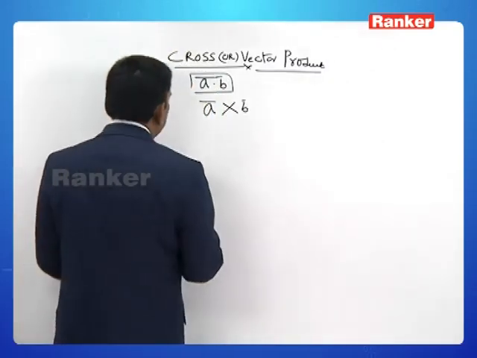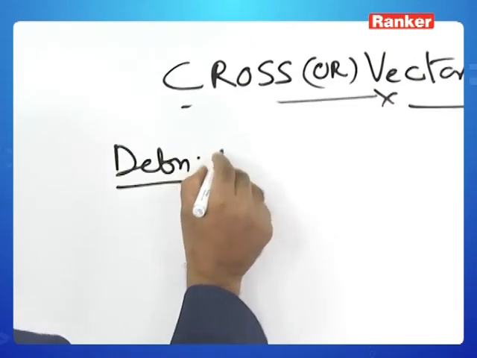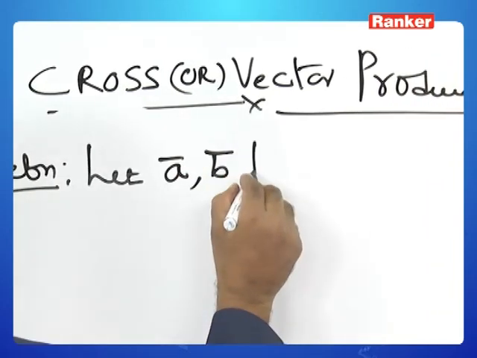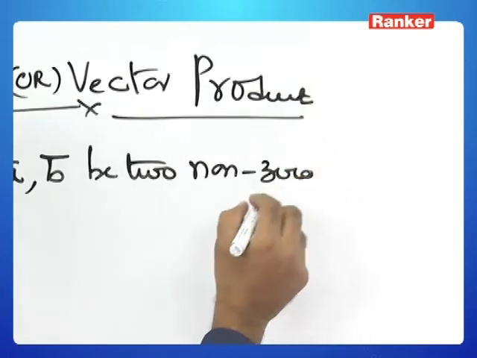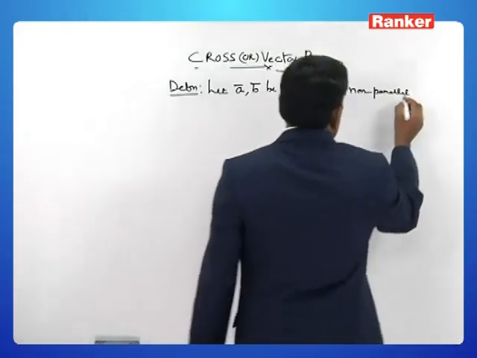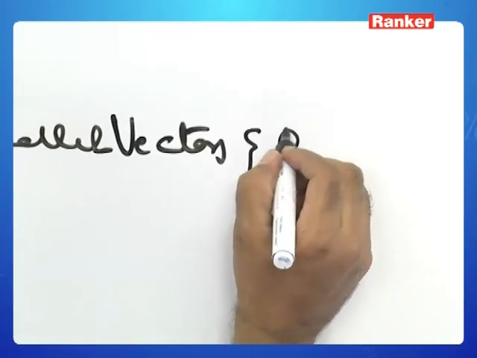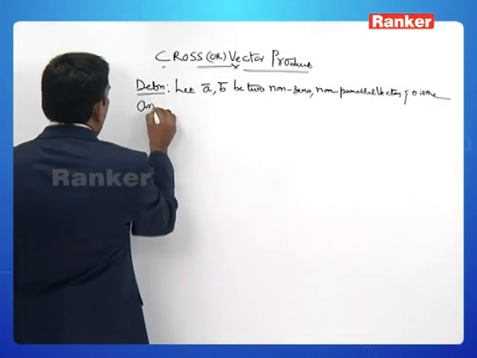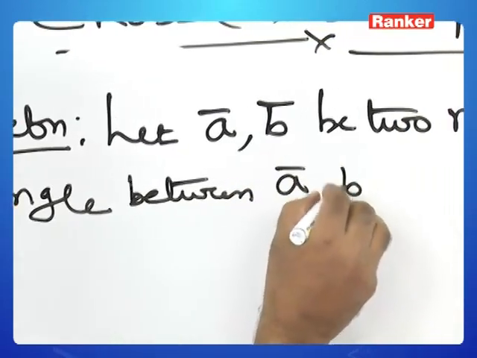So the definition of this one is: let A bar, B bar be two non-zero, non-parallel vectors, and theta is the angle between A bar, B bar.